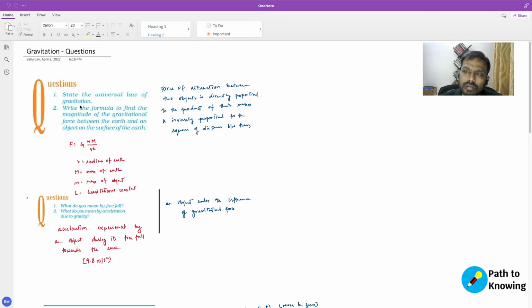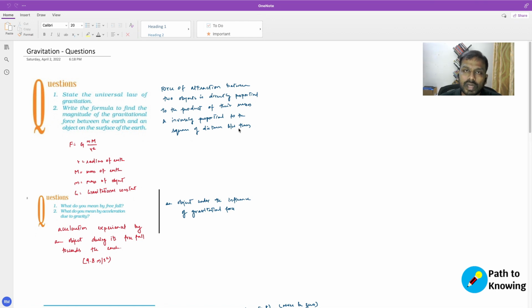As stated by Sir Isaac Newton, the force of attraction between two objects of any mass is directly proportional to the product of their masses and inversely proportional to the square of the distance between them. So F is directly proportional to m1 m2 over d squared.